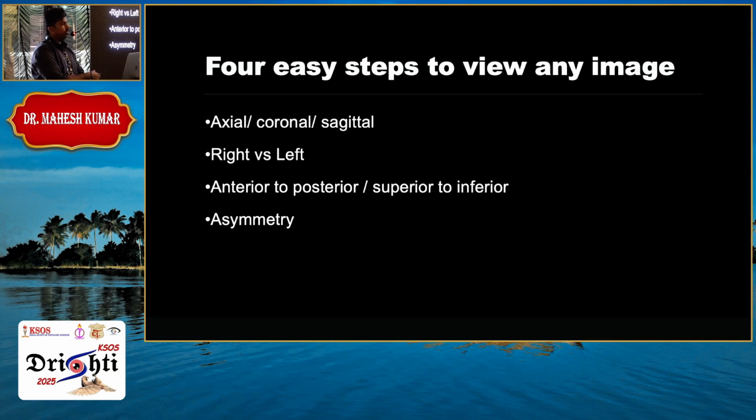Either go from anterior to posterior in axial and sagittal images, and in coronal images, go from anterior to posterior or superior to inferior, or based on the anatomy that you can follow, read any image in a proper direction. And in radiology, the most important point, especially for orbits, is to always look for asymmetry. The loss of symmetry itself shows us many findings in CT or MRI.